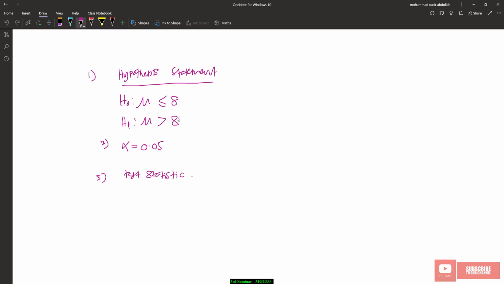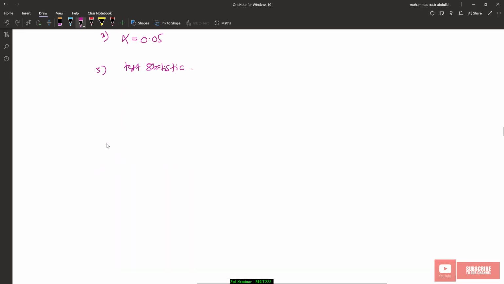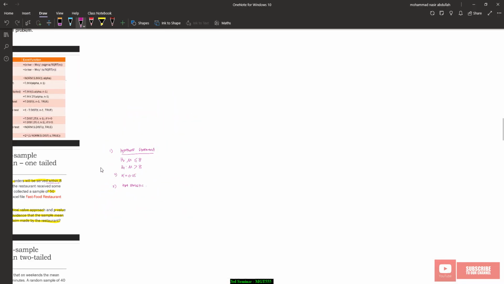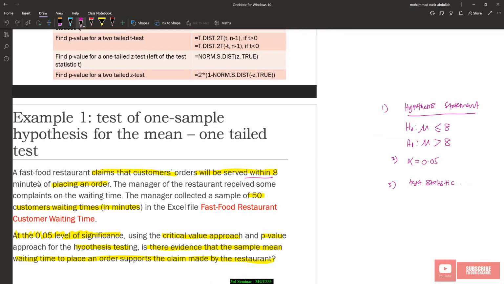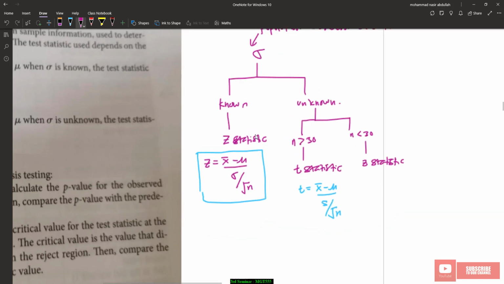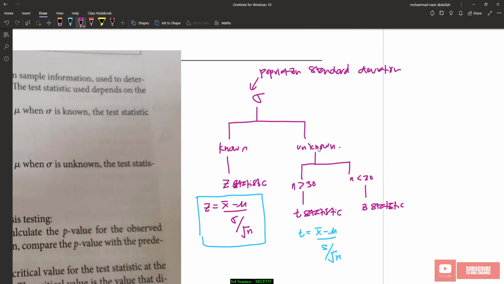Why? Because of the condition of the data, we look back to understand the question. The question does not tell us the population variance. The population variance is unknown. Remember this step: population variance unknown. It says that if unknown, when n is more than 30, we use the t-test. When n is less than 30, we want to use the z-test.